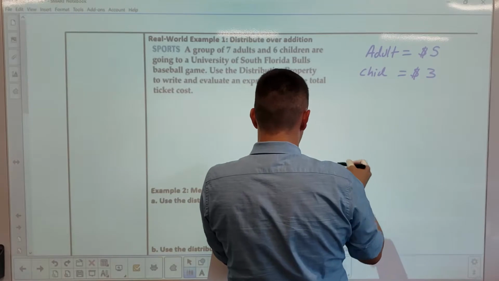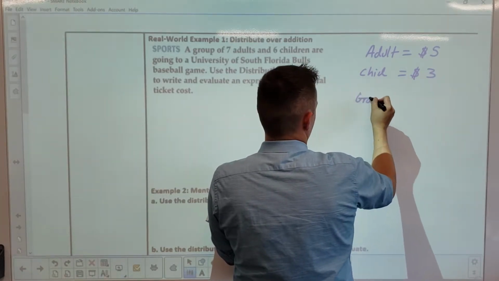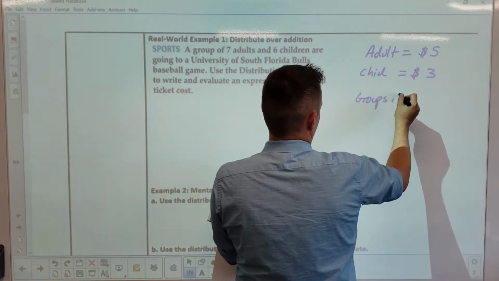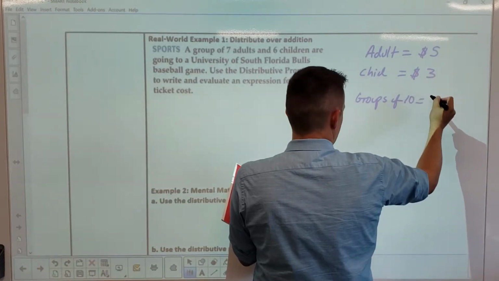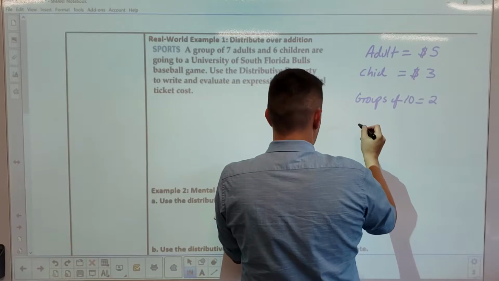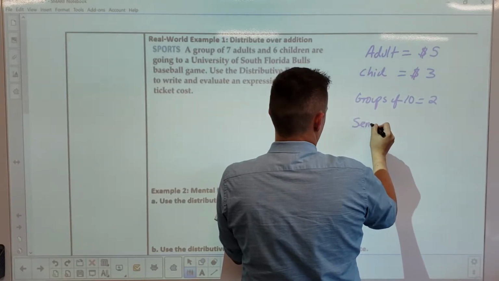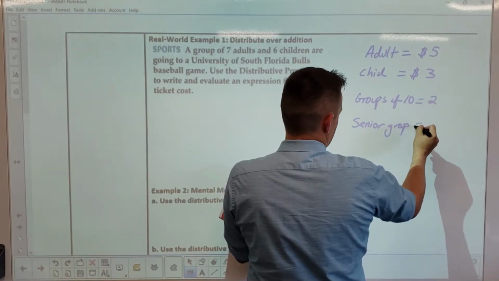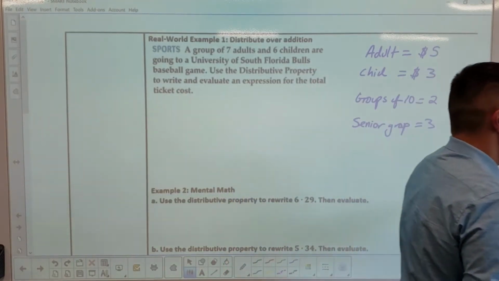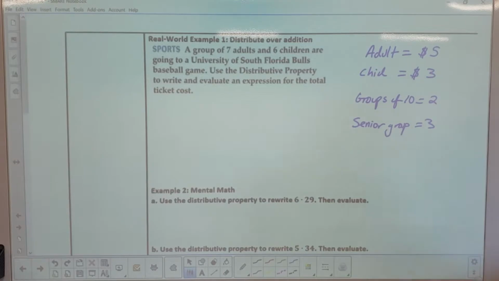And then it talks about groups of 10 or more is $2. And then senior groups is $3. Okay, so there's our chart that we were not given, so now we can try to figure out the cost.